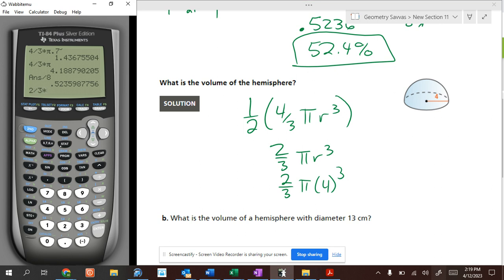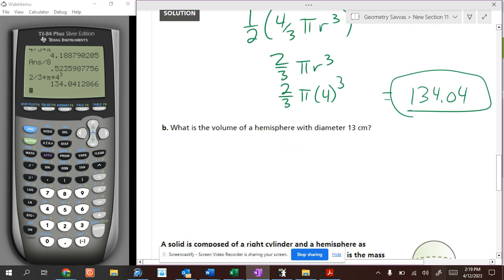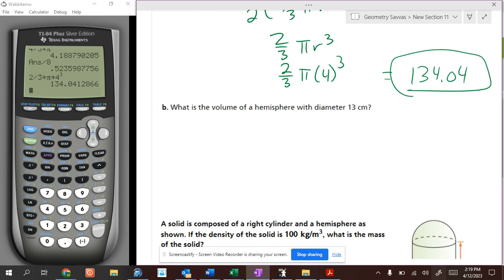That's 134.04. Do we need to do that again? No, you can do that. Okay. Instead of 4/3, it's 2/3 because it's half of a sphere.